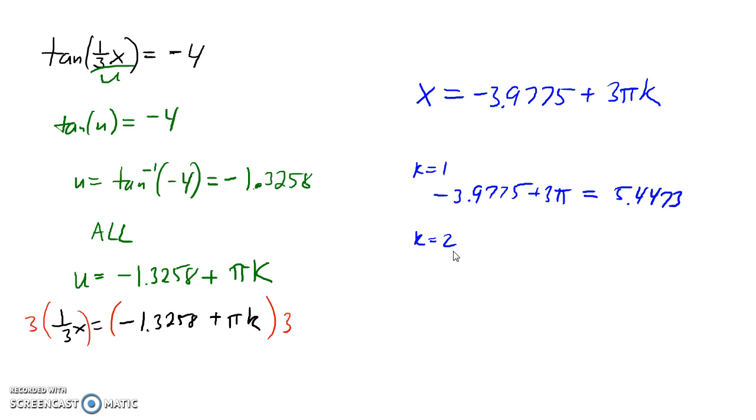If we then let k equal 2, so we had -3.9775 plus 3 pi times 2, or 6 pi, we end up with 14.8721. That would be our second positive solution, and we could keep on going if we needed more solutions than that. Okay, so there's an idea of how we can solve trig equations with non-standard periods using substitution.